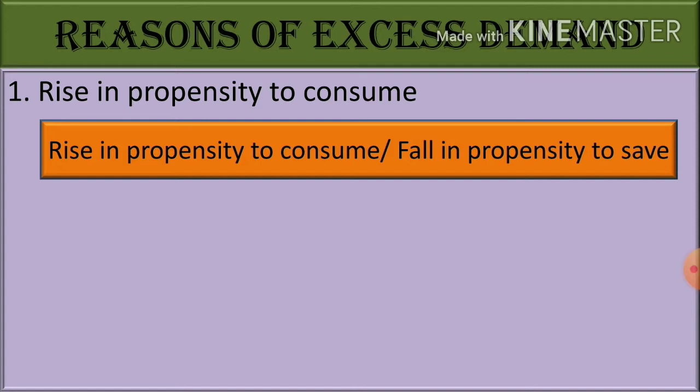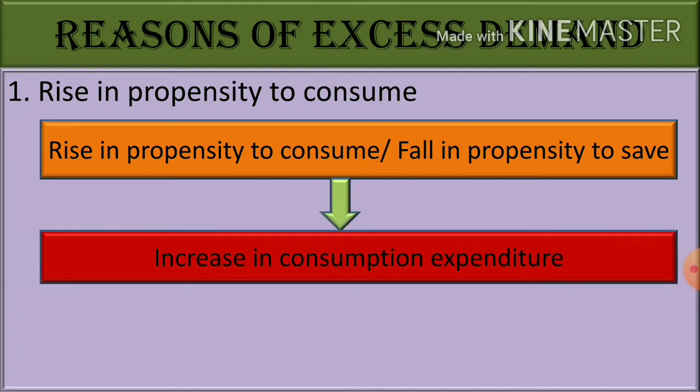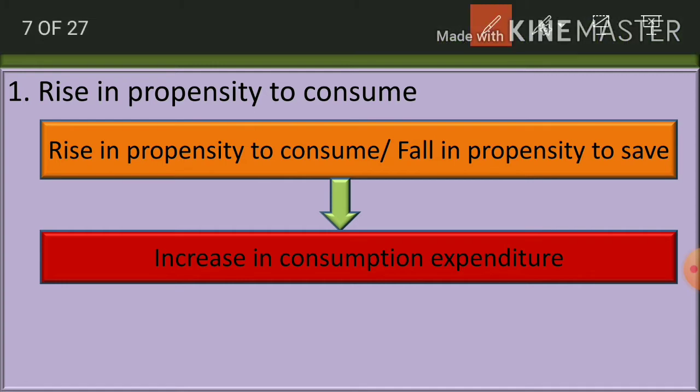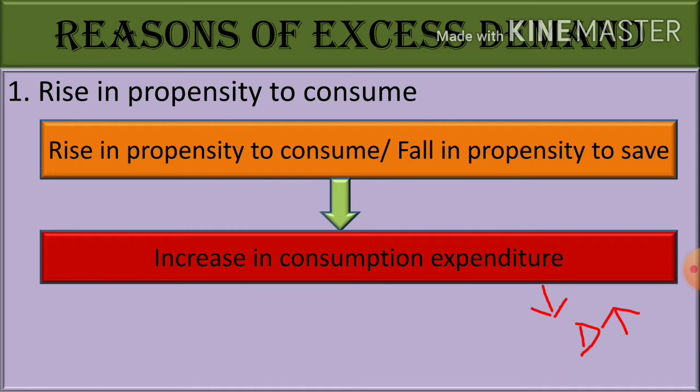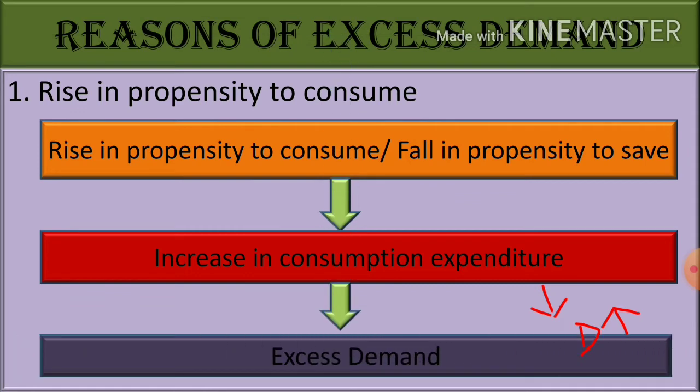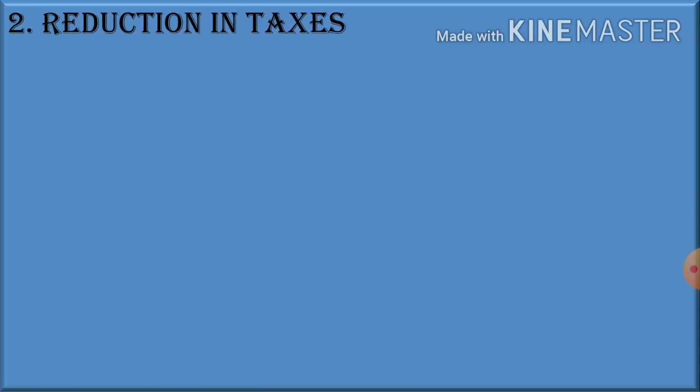So a rise in propensity to consume will lead to an increase in consumption expenditure, and demand will also increase. And when this demand exceeds a limit, it will lead to excess demand in the economy.